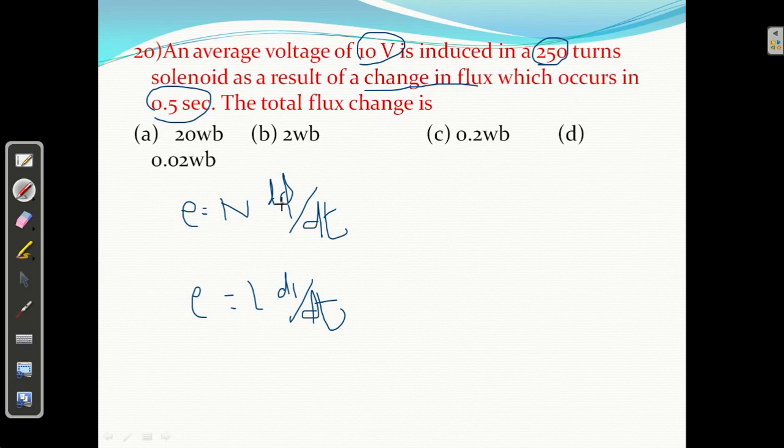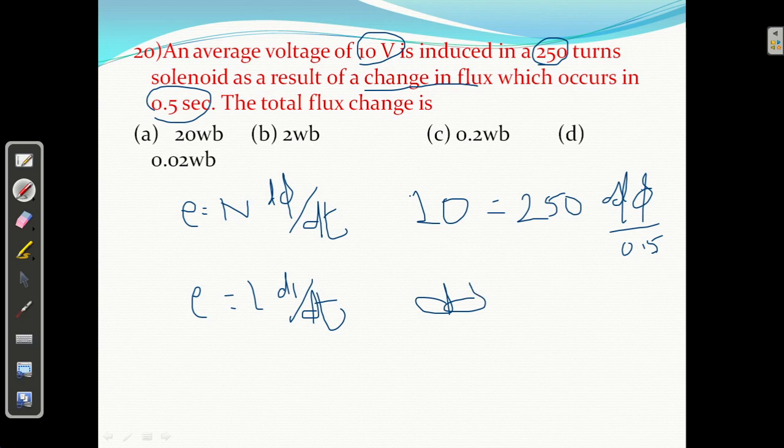They have given N. E is given 10 volt, N is given 250 turns, and dt is given 0.5. d phi is what they are asking. So E equals N d phi by dt, and d phi equals 10 into 0.5 upon 250, that is 5 upon 250. So 1 upon 50 means 0.02.